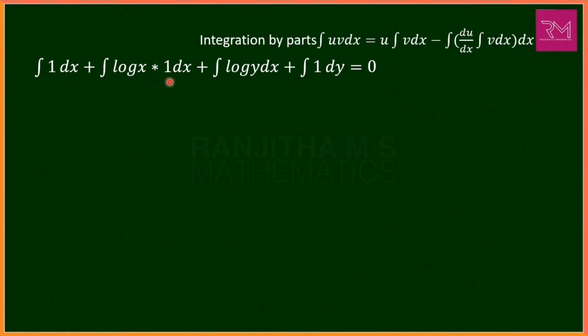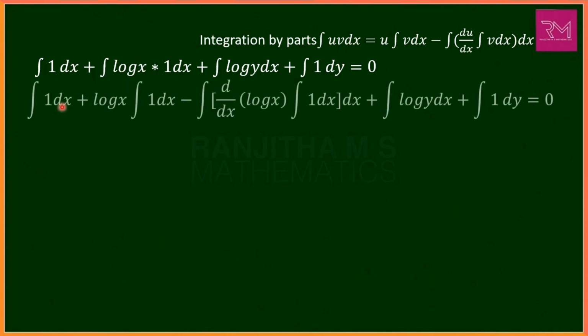Applying this, we take the integral of 1 dx plus, considering log x as the first function and 1 as the second function, log x into the integral of 1 dx minus the integral of d by dx of log x into the integral of 1 dx, whole dx, plus the integral of log y dx plus the integral of 1 into dy, which is equal to 0.